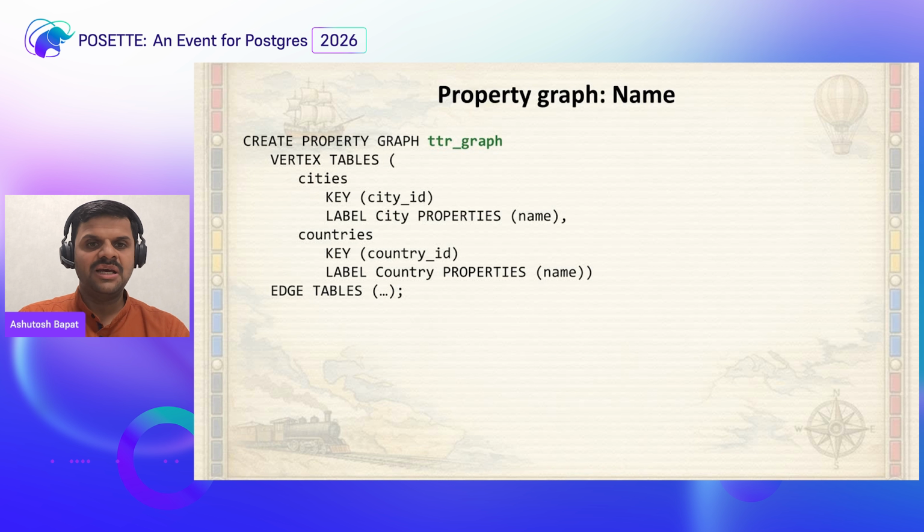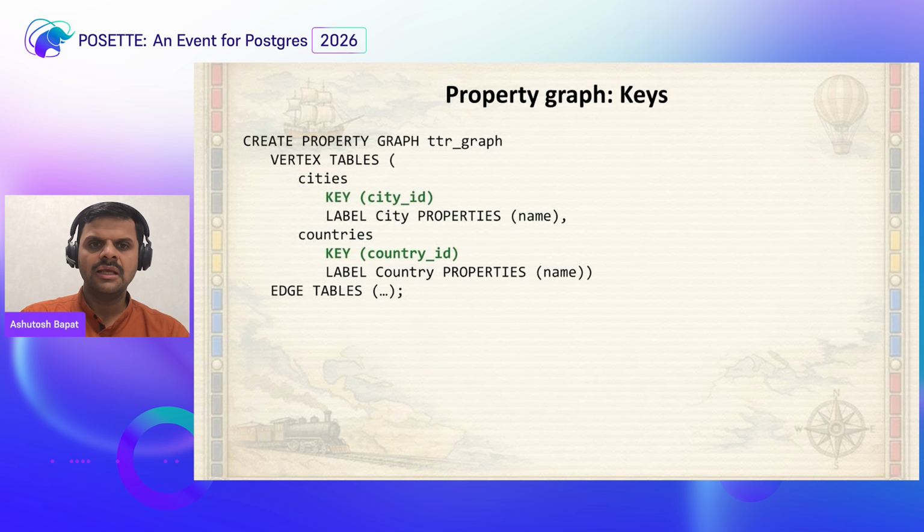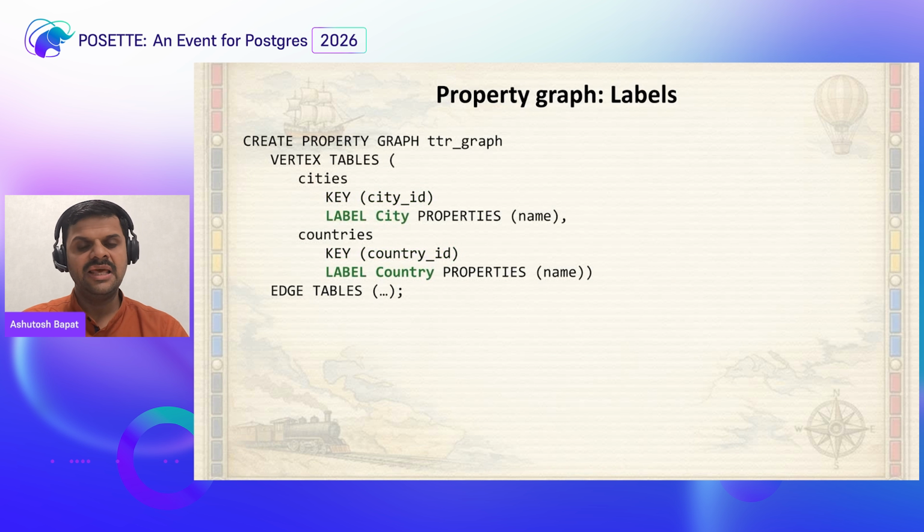You must have figured out by now that there are two tables which contain nodes, cities and countries. Their keys are the columns in the respective tables which identify the nodes. Next come labels, which give the class of that node.